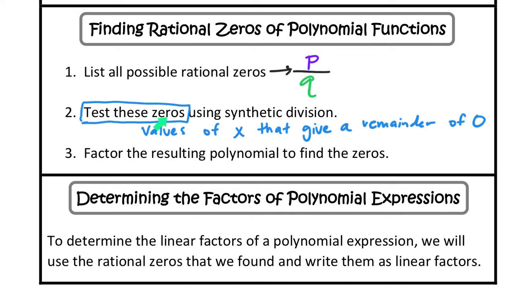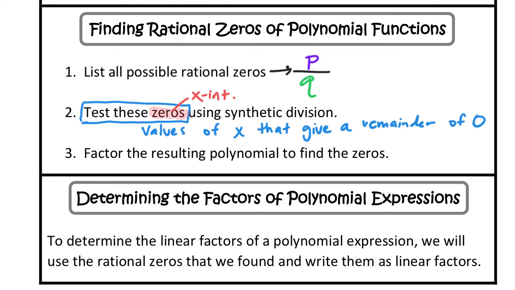So when we're testing these zeros, these x-intercepts, remember we call zeros x-intercepts, right? So we're testing the x-intercepts using synthetic division, and what we're testing for is making sure that that x-intercept, or that zero, is going to give you a remainder of 0.